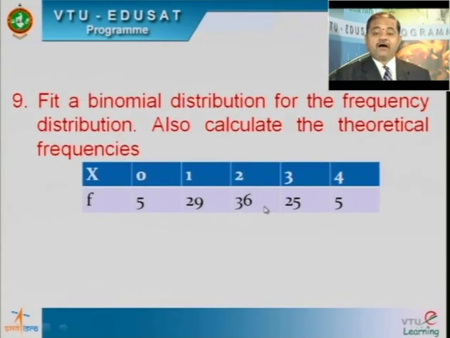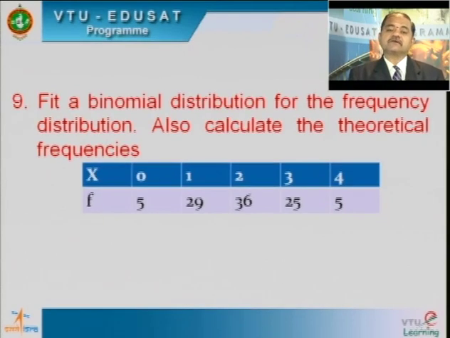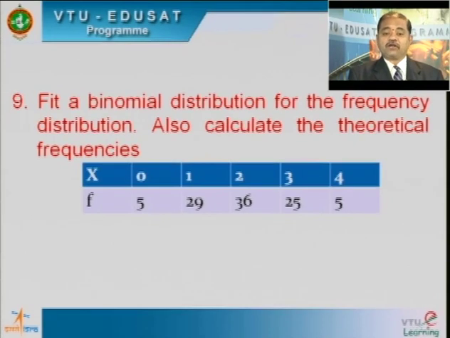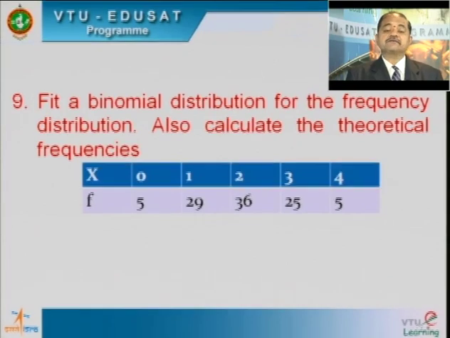Now the final idea of the binomial distribution: you have to fit the binomial distribution. Such types of tables, particularly in the third semester in numerical methods, you have seen a lot of things: Newton's forward formula, backward formula, divided difference.